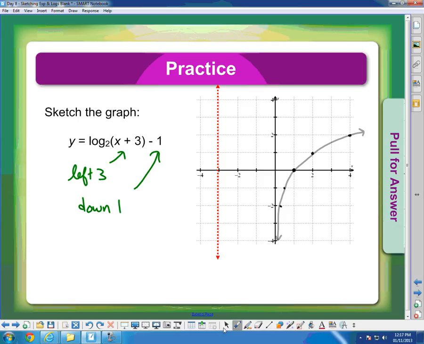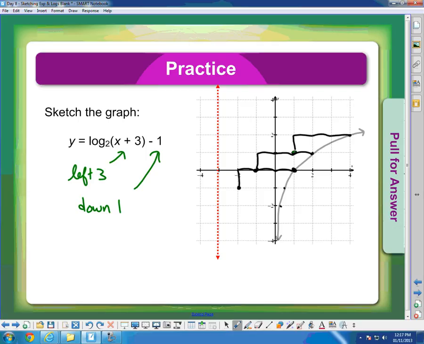I think the other good reference point is going to be this spot here. It's going to move left 1, 2, 3, and down 1. So all the points are going to do that too. This one's going to move left 3, down 1. This one left 3, down 1.